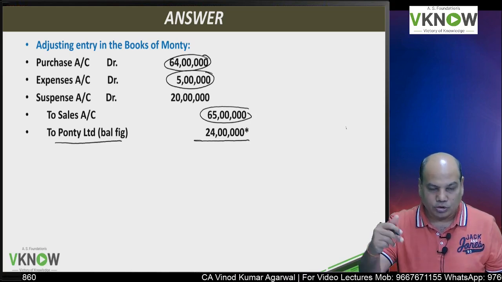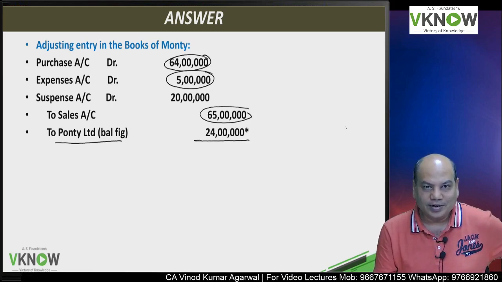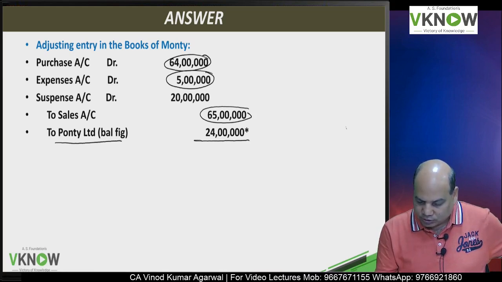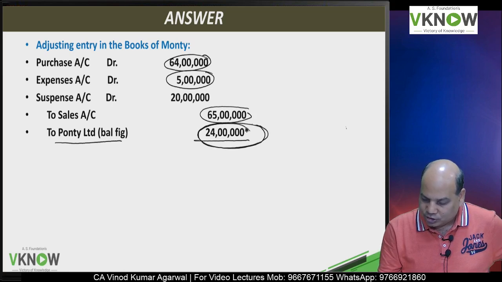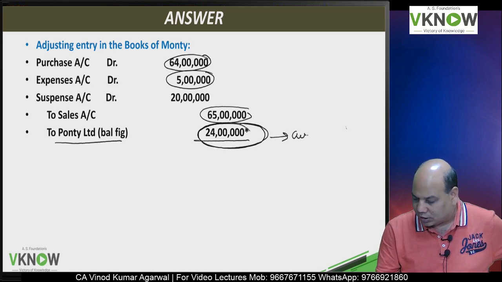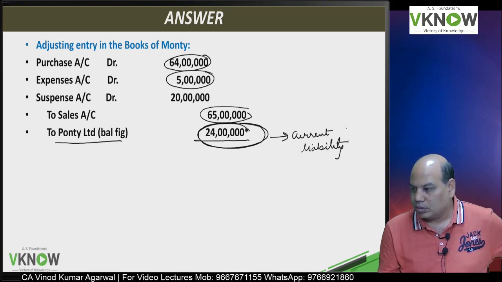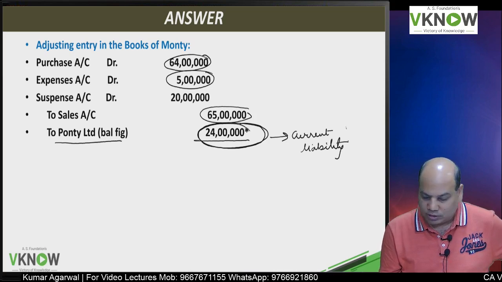Plus of course you are also going to record 12 lakh rupees of inventory. Ponty Limited will appear in the balance sheet as a current liability. This is the amount payable to Ponty Limited.